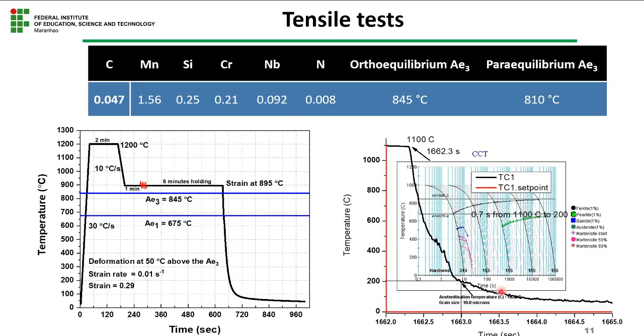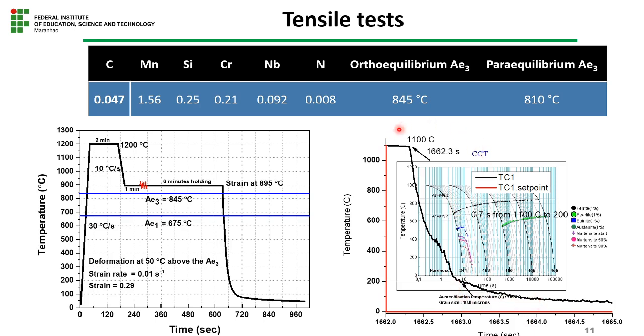Also, the CCT diagram was calculated to guarantee that the quenching time was enough to prevent the ferrite formation during cooling. From the CCT diagram calculation, you see that to start forming ferrite, it requires more than 1 second, approximately 2 seconds, more exactly like 4 seconds, to start forming ferrite during cooling.